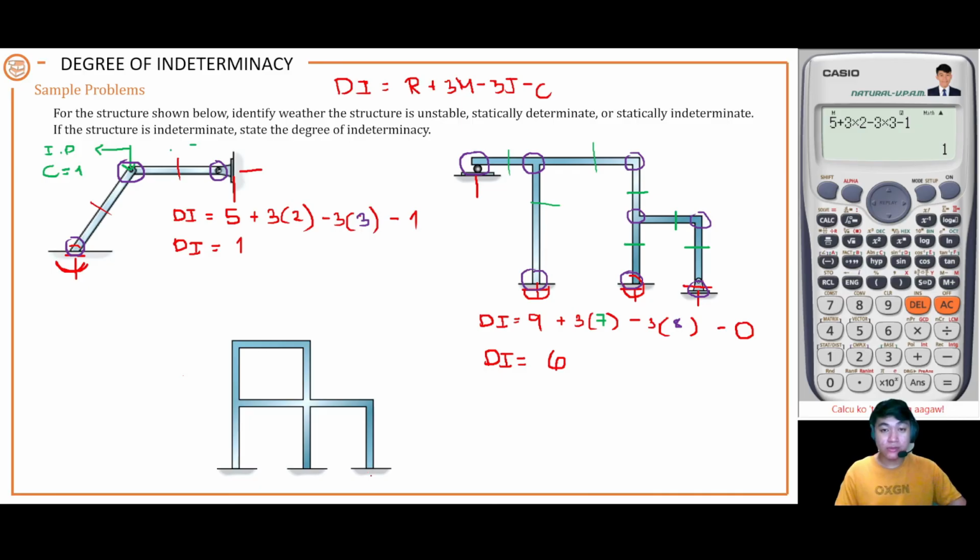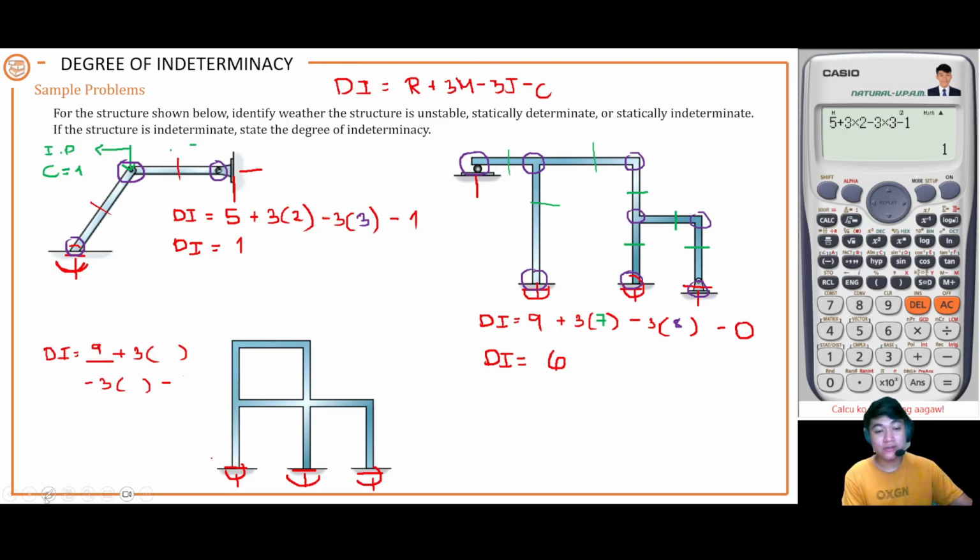So we have how many reactions here? The degree of indeterminacy is equal to the number of reactions plus 3 times the number of members, minus 3 times the number of joints, minus the number of special conditions. The number of reactions, the support is fixed. So 1, 2, 3, 4, 5, 6, 7, 8, and then 9.